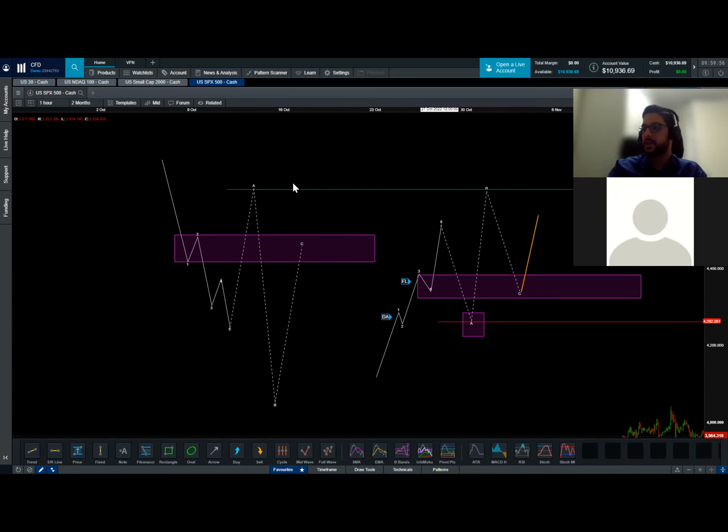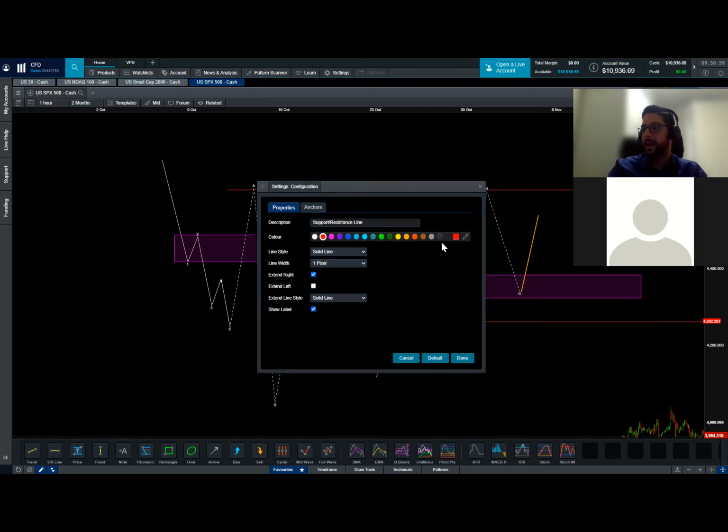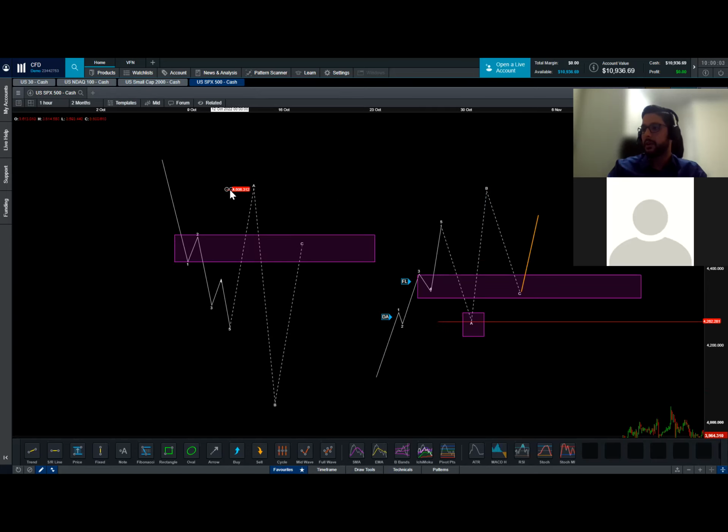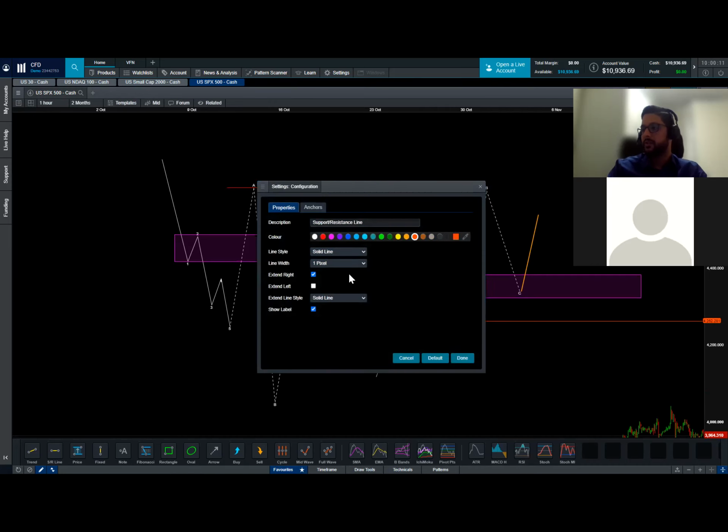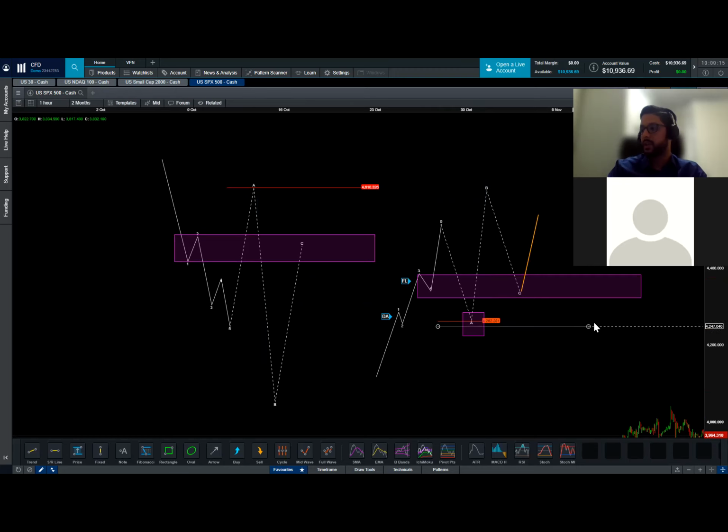So let me just make it red. This one. All right. So here is our secret signal. Here is our secret signal. So when we point out something like this, we know that the market is eventually going back to this area.